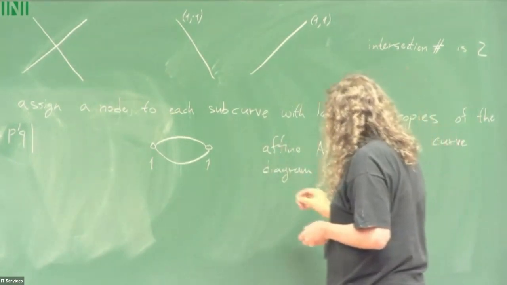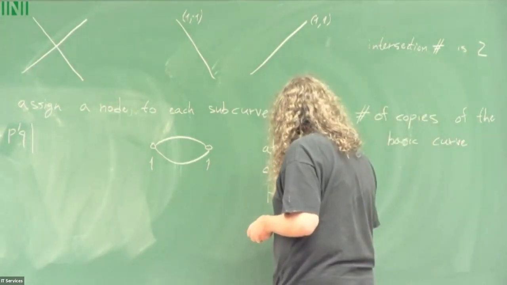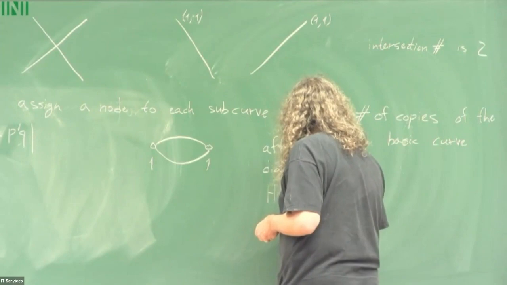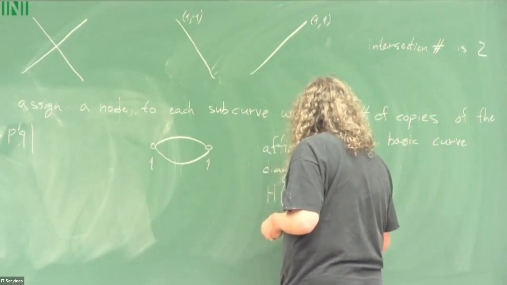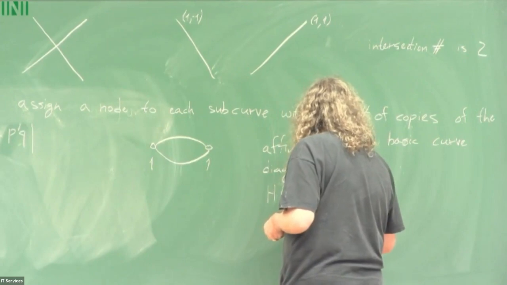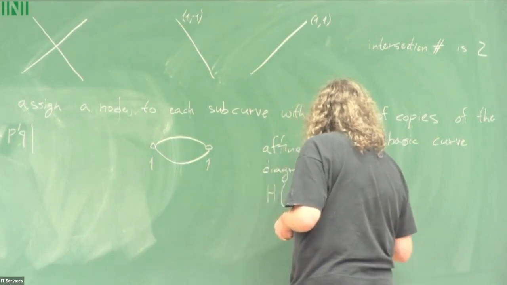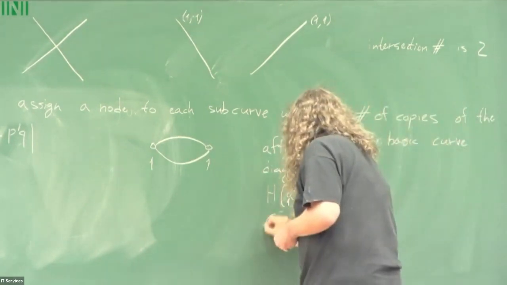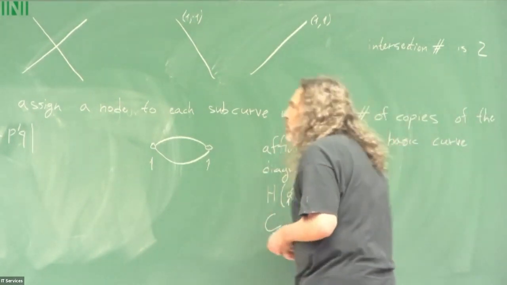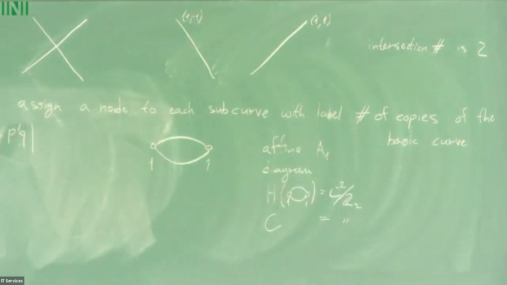And the Higgs branch is C2 mod Z2, as could be quickly computed, and also the Coulomb branch. Questions?